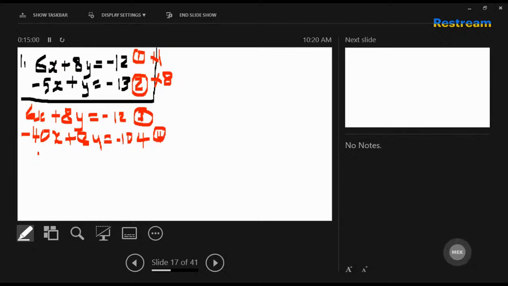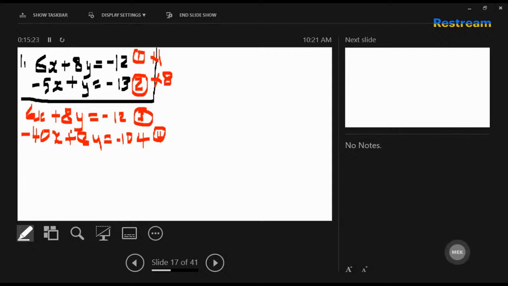So what I do now is I look at them, and this process will give me the same coefficient, or if not exactly the same, at least the only difference would be the sign in front. If they are both positive, we're going to subtract the equations to eliminate the variable.